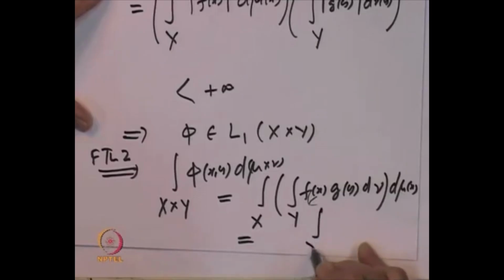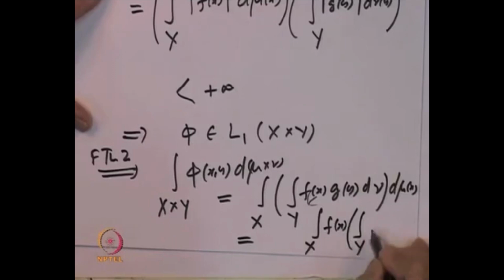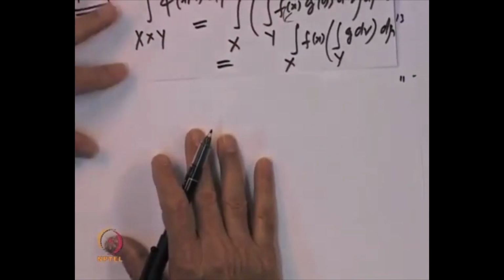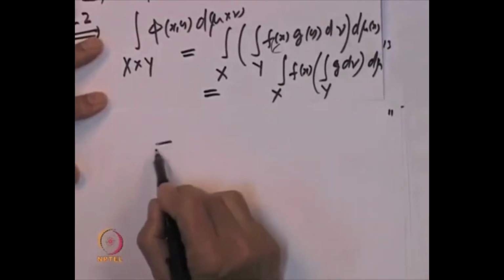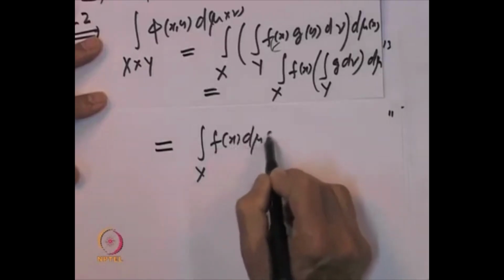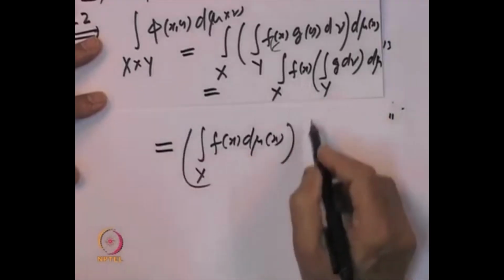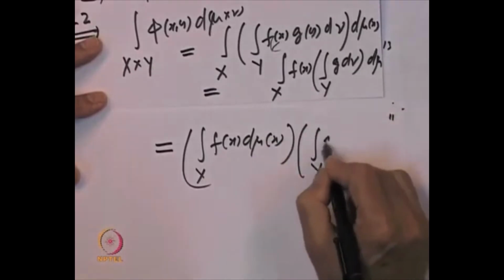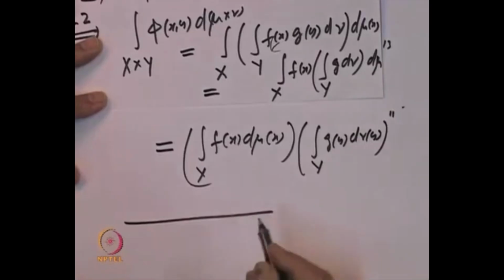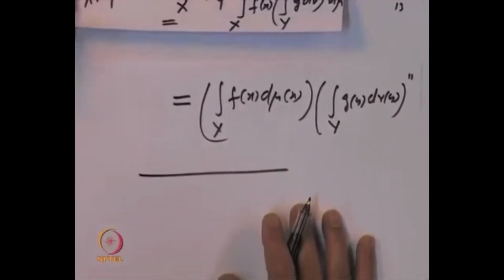So, this is equal to the integral over x of f x times the integral over y of g d nu d mu, and that is precisely the integral over x of f x d mu x, the first one, and the second one is the integral over y of g y d nu y, right. So, that is how Fubini's theorem is applied.